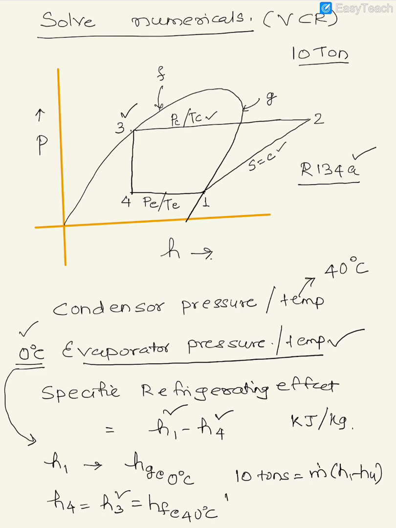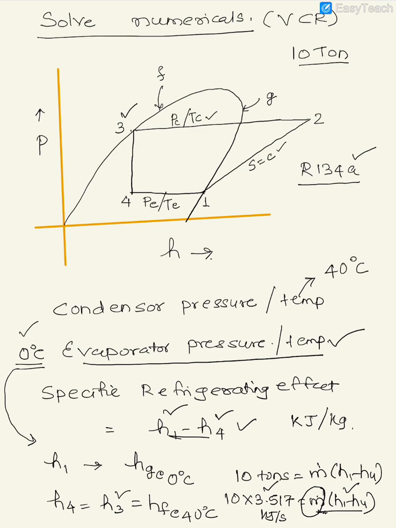And 10 tons is nothing but 10 into 3.517 kilojoules per second, which equals m dot into H1 minus H4. You have already found H1 minus H4, so from that you can find m dot. This is how you calculate the mass flow rate of the refrigerant.